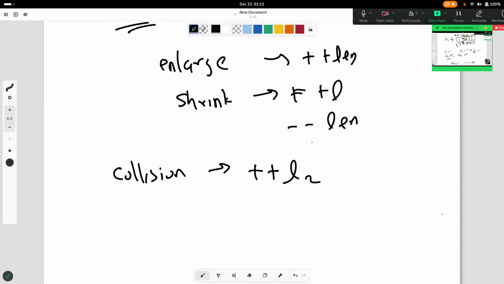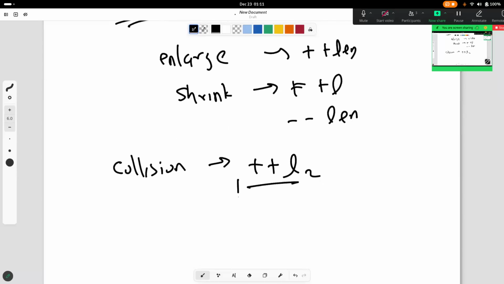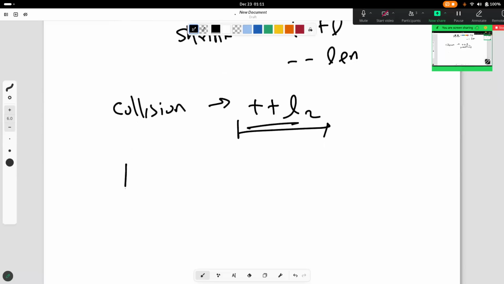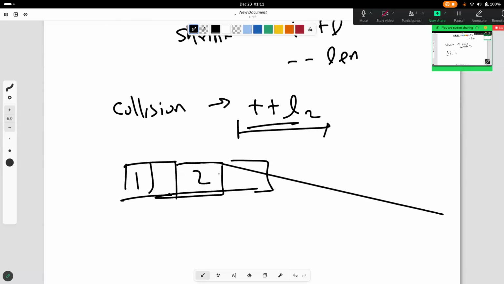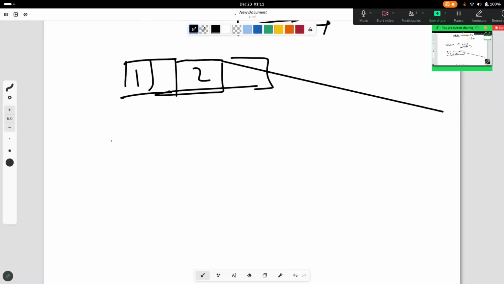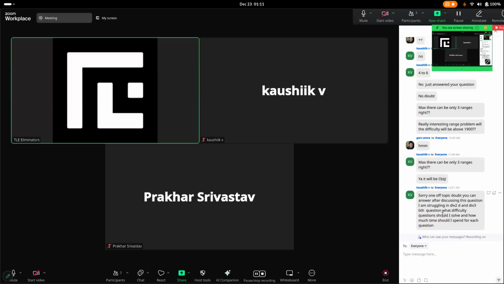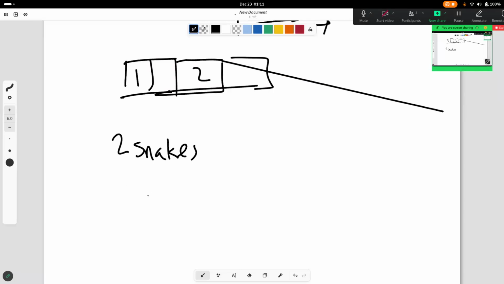So this would allow us to avoid all the collisions and get the minimum score that we would have by placing snake 1 before snake 2. And we can also do it vice versa for snake 2 and 1, and the minimum would be our minimum score in case we had 2 snakes. So in case we had 2 snakes, that would be the answer.